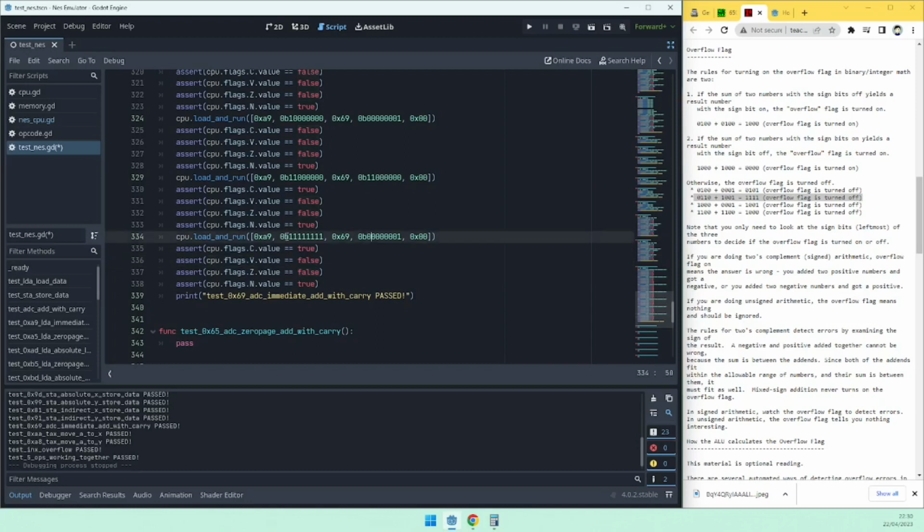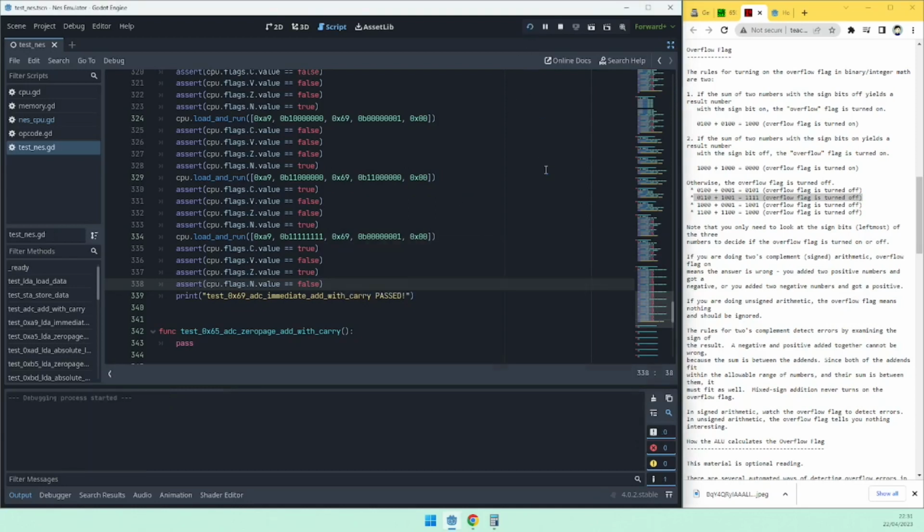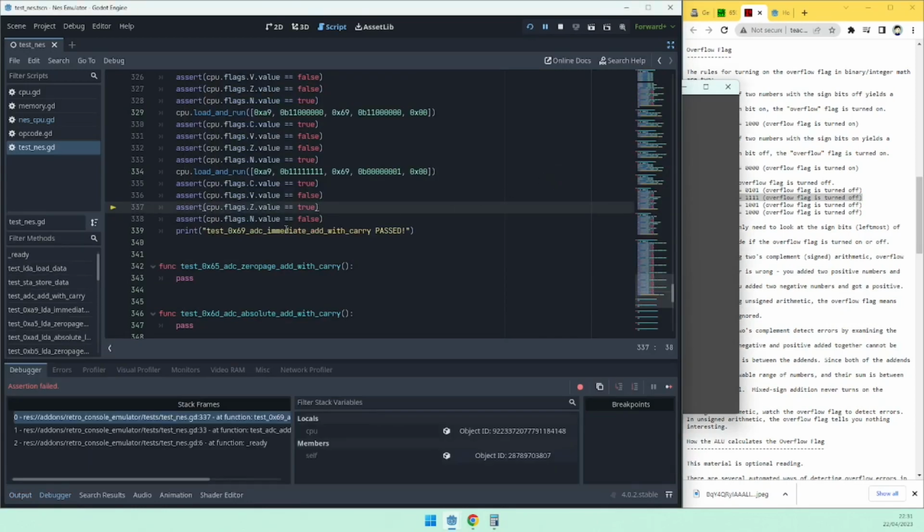Because they have different values. This is 0 and it's not negative. Yep.